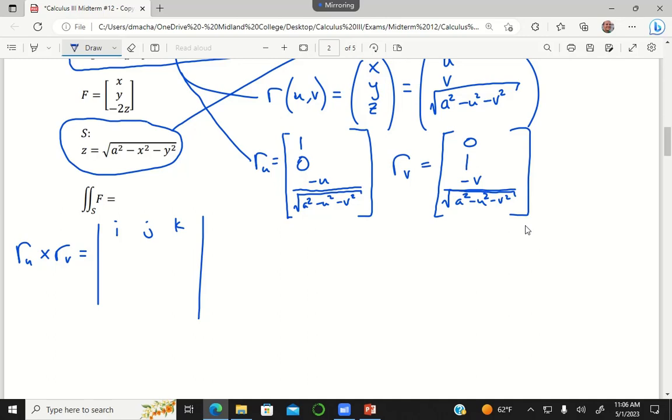So here we go. The entries are 1, 0, negative u over the square root of a squared minus u squared minus v squared. And then 0, 1, negative v over square root a squared minus u squared minus v squared. Of course, the cross product itself is going to be a three-dimensional vector. What's going to be the first entry in my cross product?